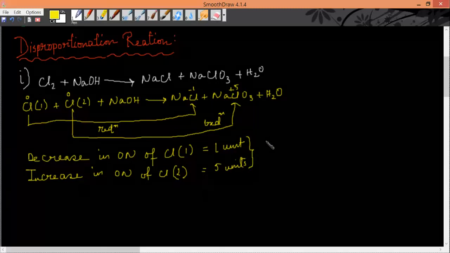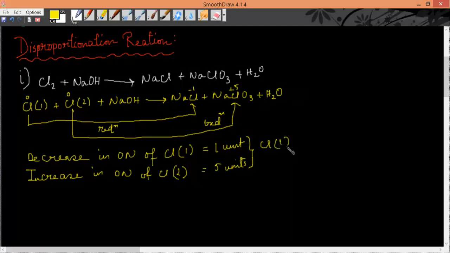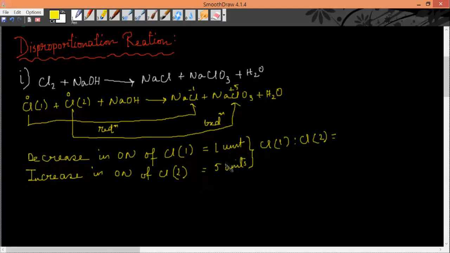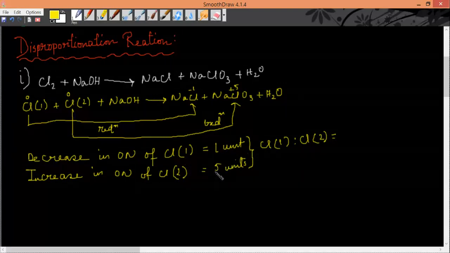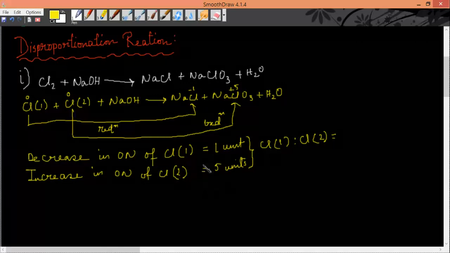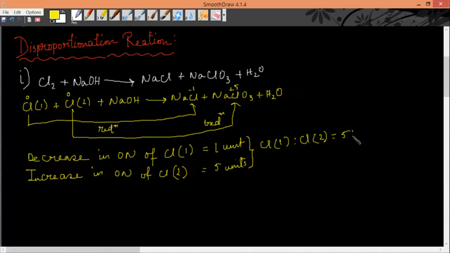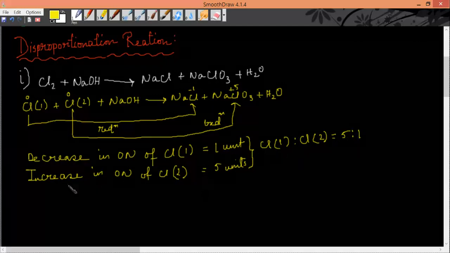From these increase and decrease units, we have to find the ratio of the two chlorines, and here we will write the inverse: the value corresponding to the oxidized Cl will go for the reduced Cl and vice versa. That is, we write reduced Cl to oxidized Cl equal to 5 is to 1. Now try to write the chemical reaction.